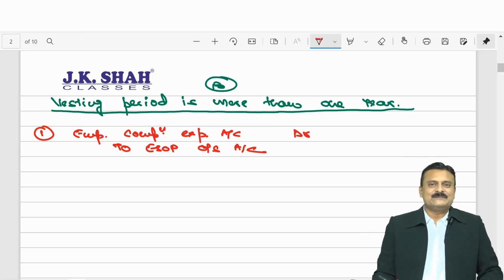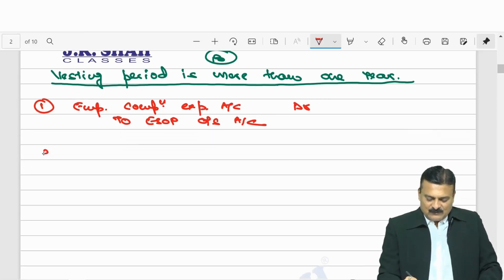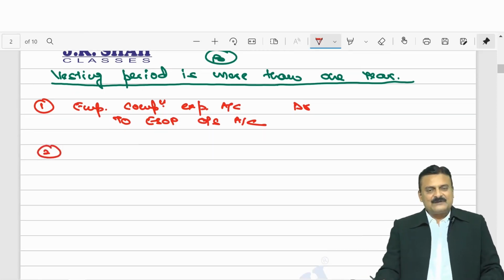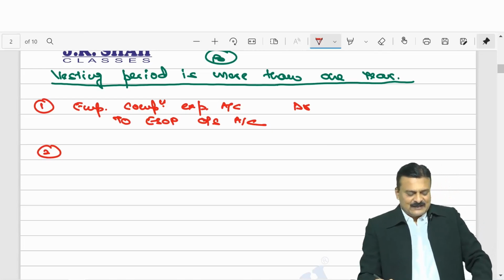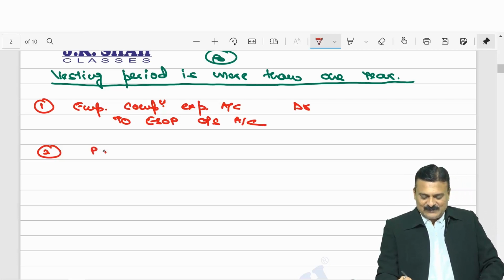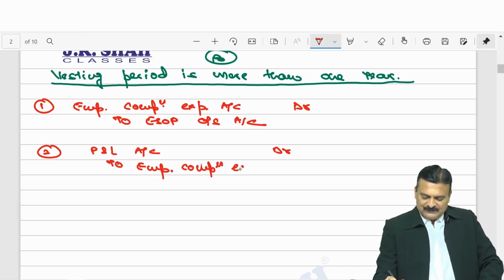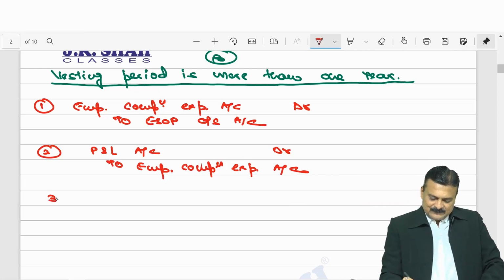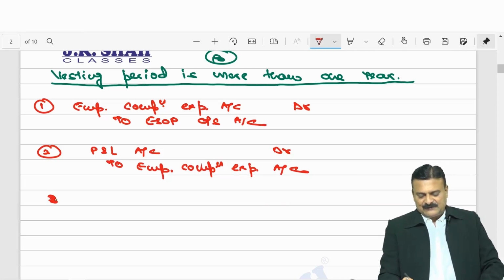Simple. Next, of course all of you know friends, this is the expense which is to be transferred to P&L account at the year end. So my second entry will be profit and loss account debit to employee compensation expense. Third entry which I am discussing now.